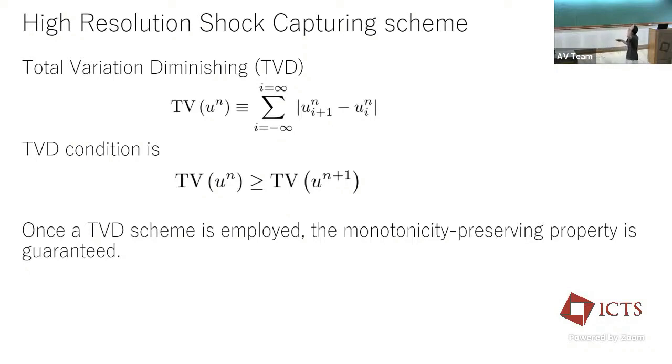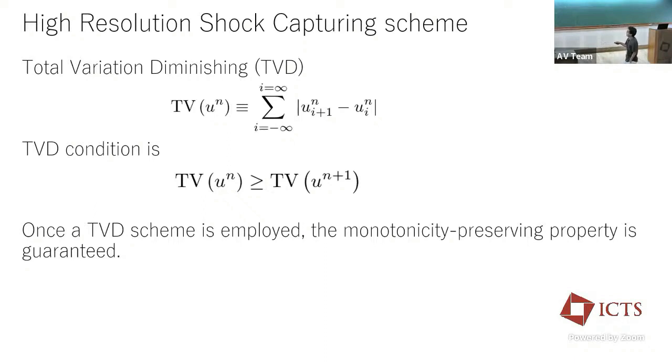So TV(u^n) is defined by this equation. So the TVD condition is described by this inequality: TV(u^{n+1}) should be smaller than TV(u^n), right?